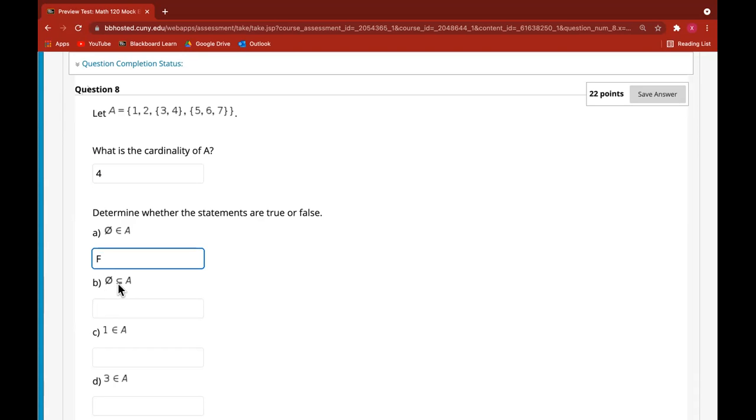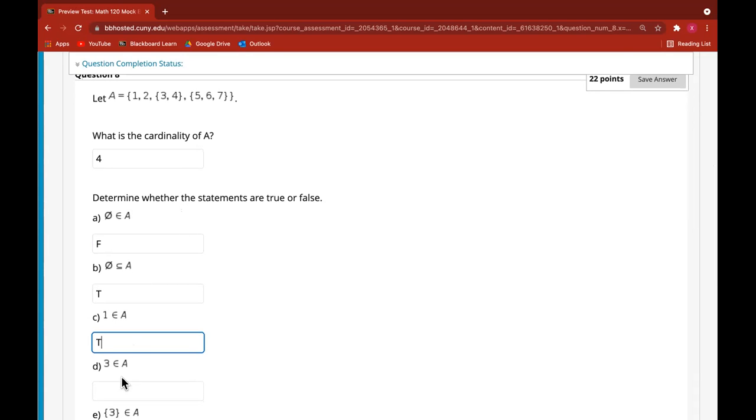Now, is the empty set a subset of A? Yes, right, the empty set is a subset of any set. Now, is 1 an element of A? True. Is 3 an element in A? So it's false, right? Since our elements are 1, 2, and a set in another set.